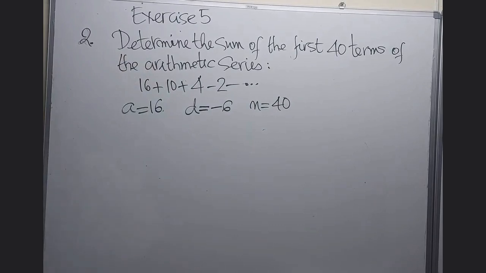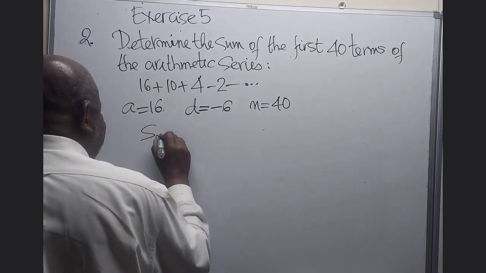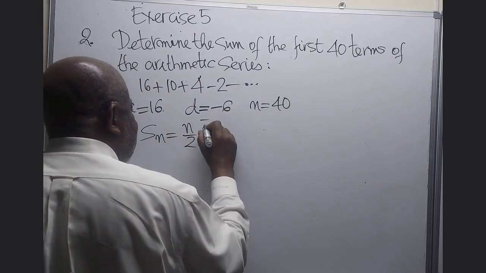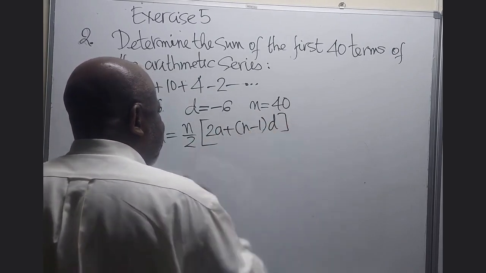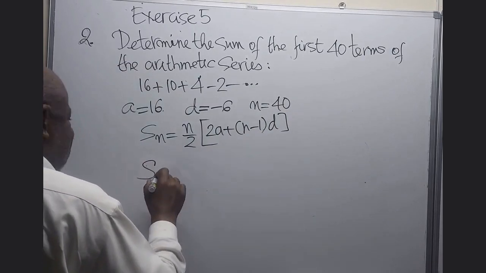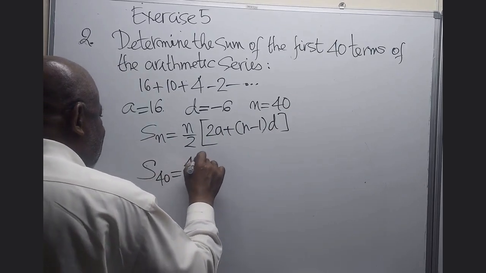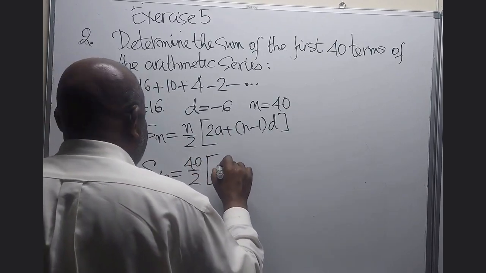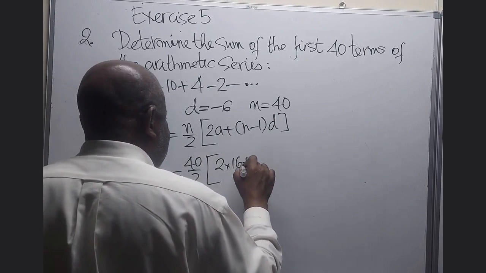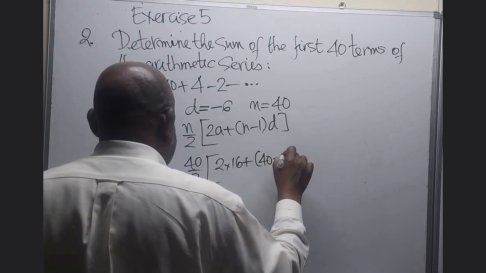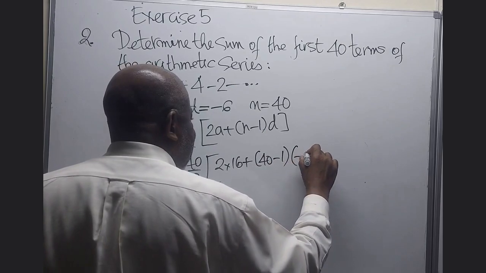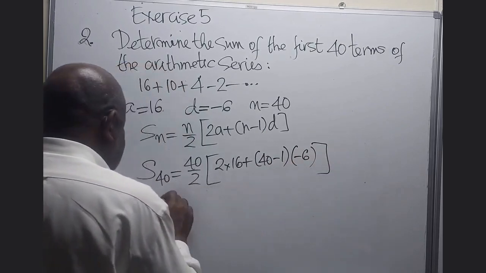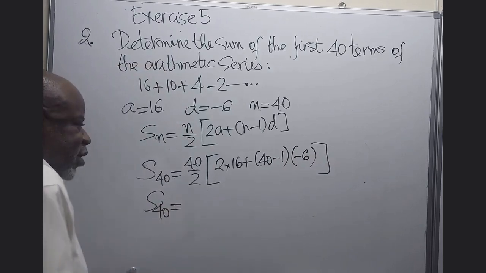And here I can use this version of the formula. Sn will be equal to n over 2 times 2a plus n minus 1 times d. Our n here is 40, so S40 will be equal to 40 over 2, 2 times 16 plus 40 minus 1 multiplied by negative 6 being our common difference.